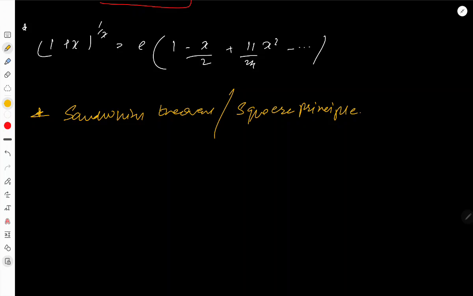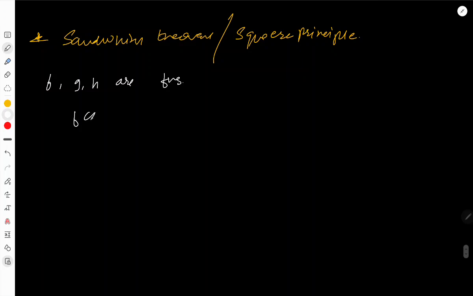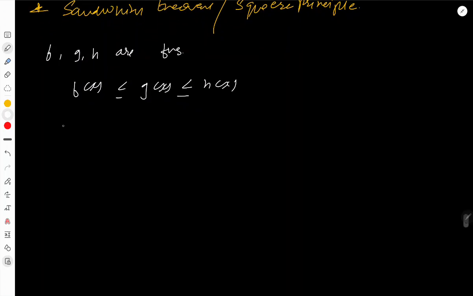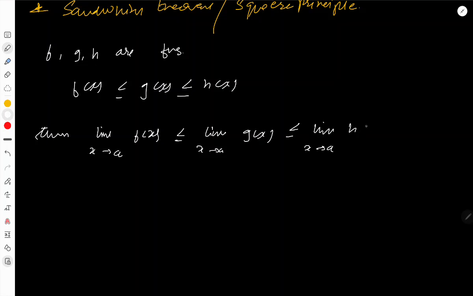It states that if f, g and h are functions such that f of x is less than or equal to g of x is less than or equal to h of x, then limit x tends to a of f of x, limit x tends to a of g of x, and limit x tends to a of h of x are related accordingly.